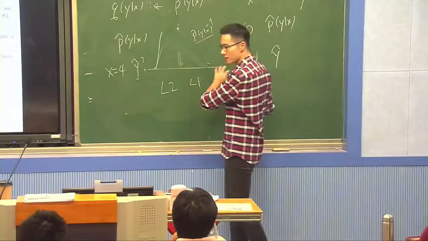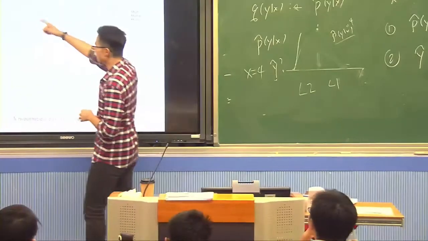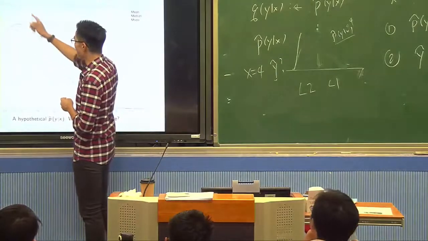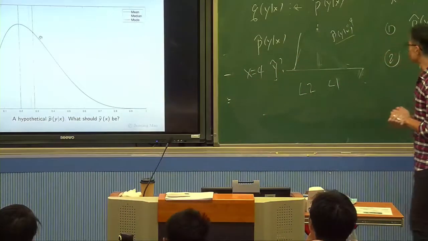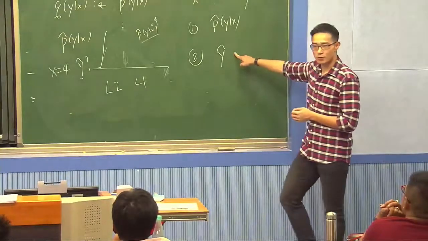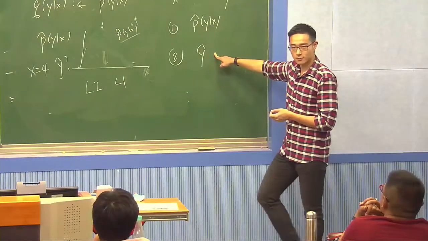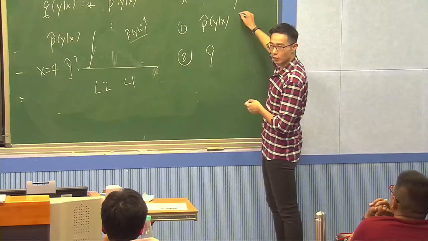And the second step is what I describe here. So this is my estimated p hat, and given p hat, I can produce a Y hat. That's the second step. And the interesting thing here is these two steps use different loss functions. In the first step, we minimize cross-entropy, or KL.